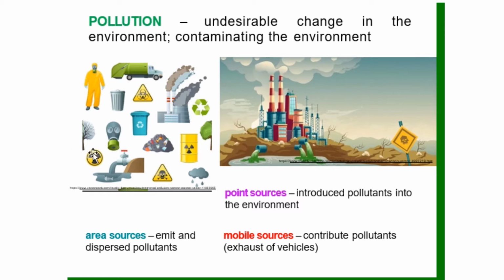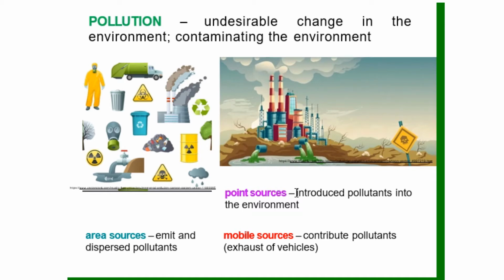Let's say we have radiation, water pollution, garbage. These are everywhere. In addition to that, we could also consider mobile sources an example of area sources or non-point sources because they are found everywhere. The second one, we have point sources.